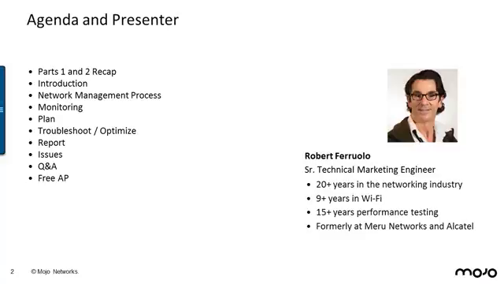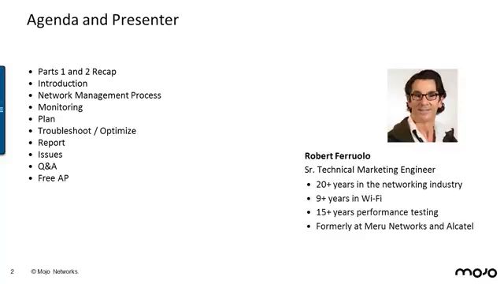All right. Thank you very much, Erica, and welcome all. We've got a lot to get through, so I'll just quickly go through the agenda here. We'll do a quick recap for parts 1 and 2, and then we'll talk about the introduction for this particular webinar. We have a unique approach to network management, troubleshooting and optimizing, and we'll set the context there.